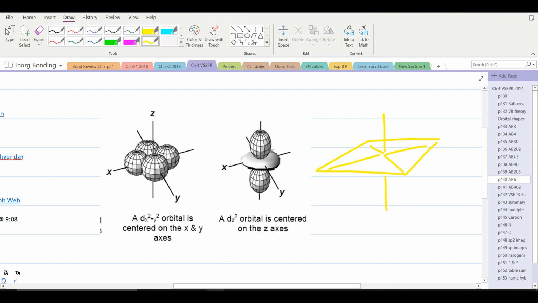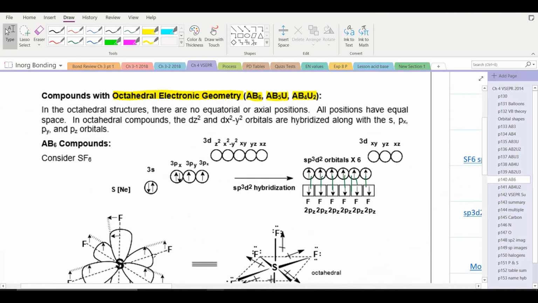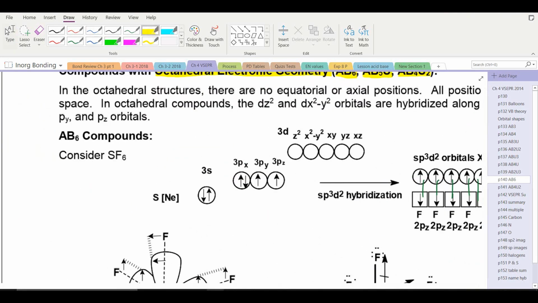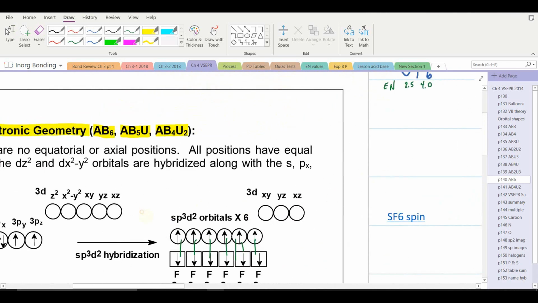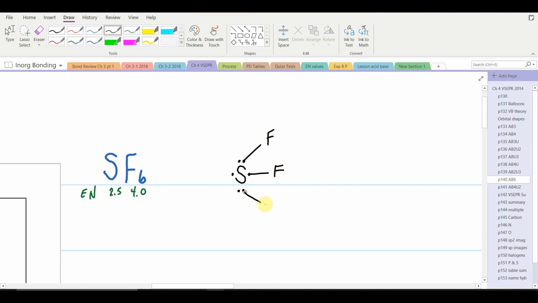Alright, let's start. We're asked to draw the structure of a compound of the form AB6, and our example is SF6. So here's SF6. Sulfur is in group 6A. But what's the shape?